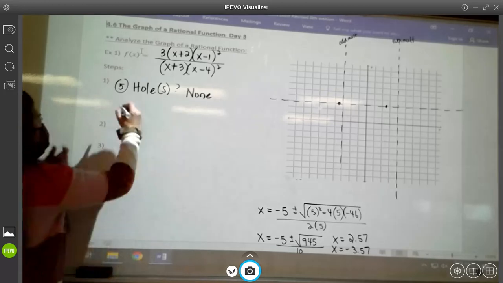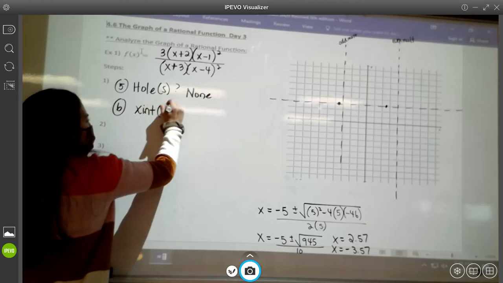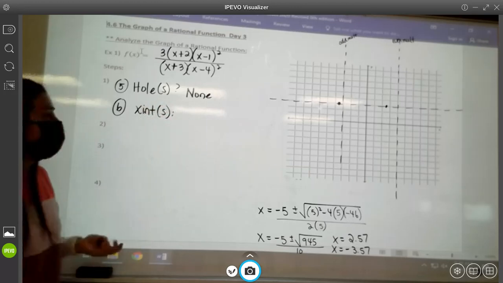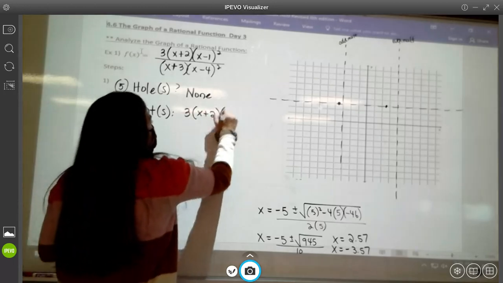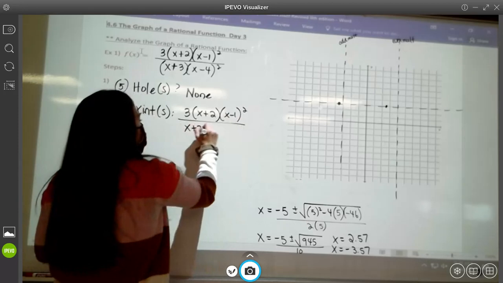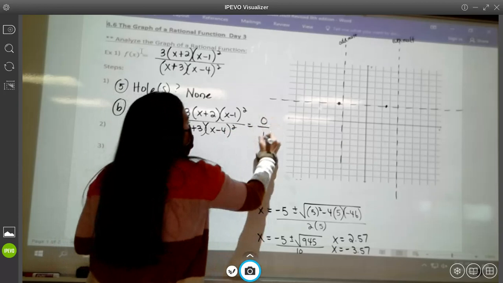All right, now we're going for intercepts. Our x-intercepts. Well, set the function equal to 0 and see who x equals. Right, cross multiply.